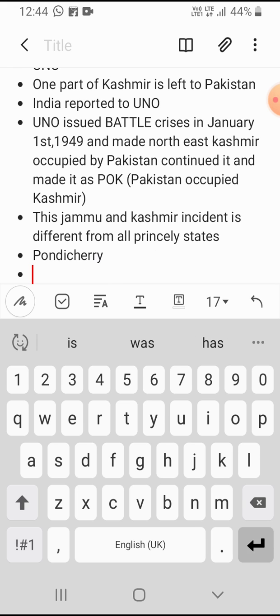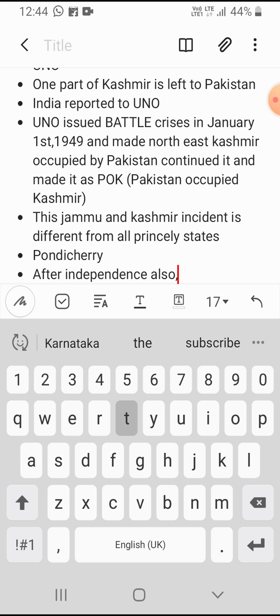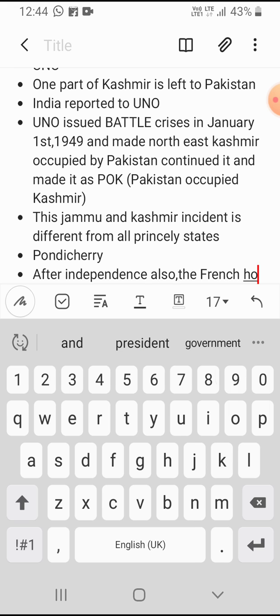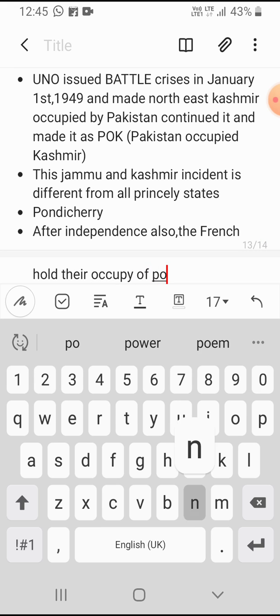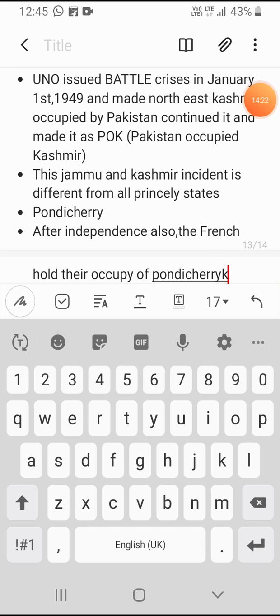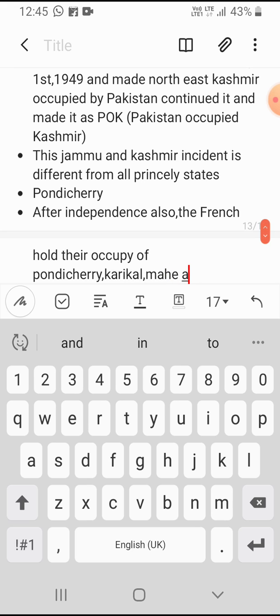Now, how Pondicherry came to India. After independence also, the French occupied Pondicherry, Karikal, Mahe and some other places.